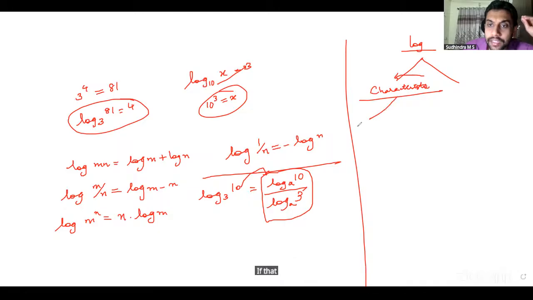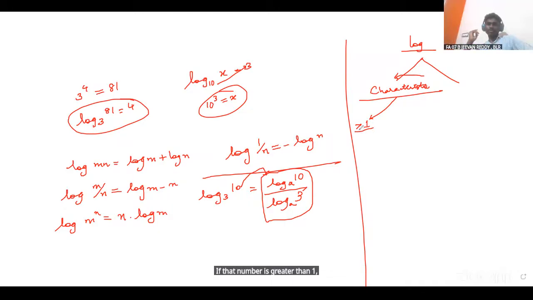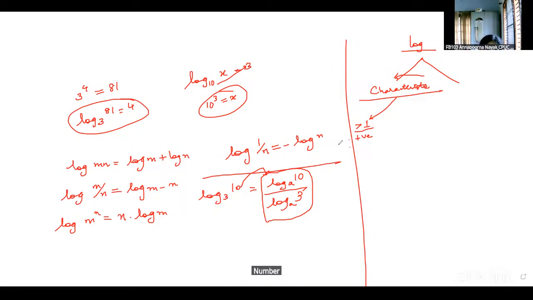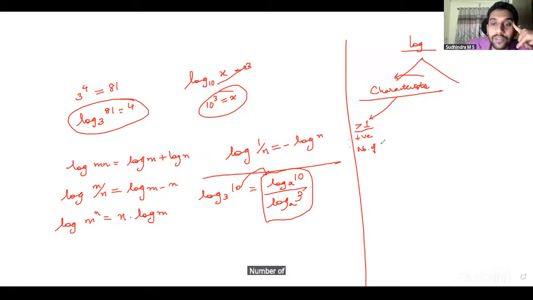If that number is greater than 1, what would be the characteristic? It is positive. Number of digits before the decimal point minus 1.